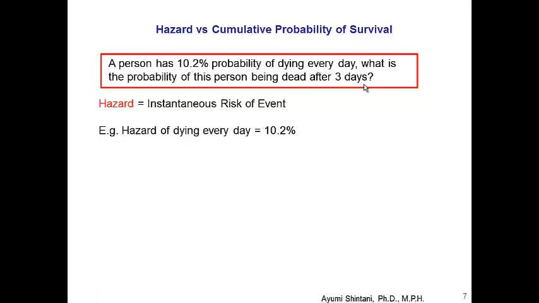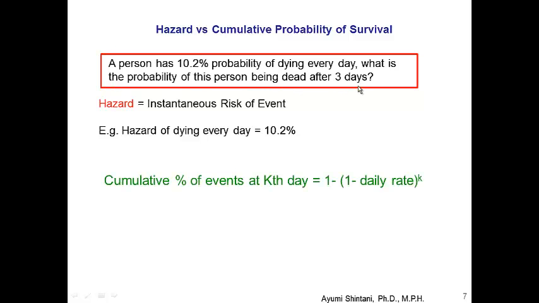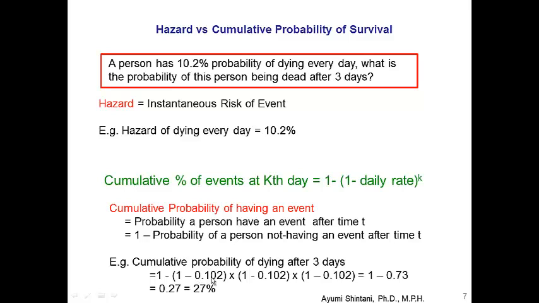In comparison to hazard, we call the probability of being dead after 3 days the cumulative percent of events. Okay? And the cumulative percent of events can be computed as 1 minus the probability of this person not being dead after 3 days. So each day this person has a 10.2% risk of dying, which means each day this person has an 89.8% probability of surviving. So this is 1 minus 0.102, which is 89.8%.